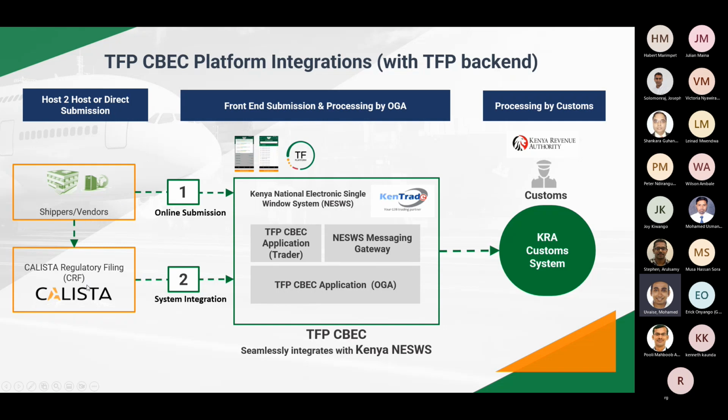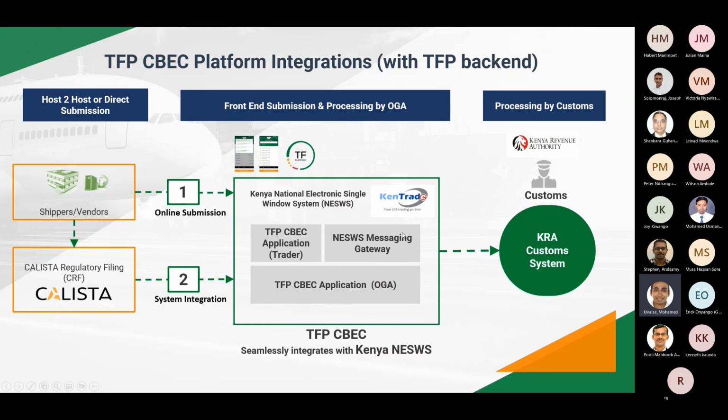Callista is one of our services that can be leveraged by the business community to facilitate this integration, where they can churn out data from their platforms, and this service would then help them transform the data into a format that is consumable by the CBEC application and push it across through system integration.